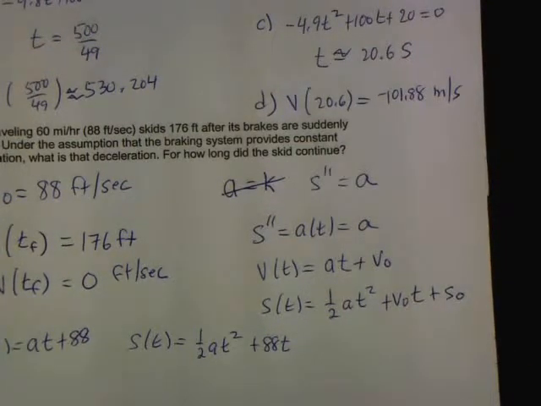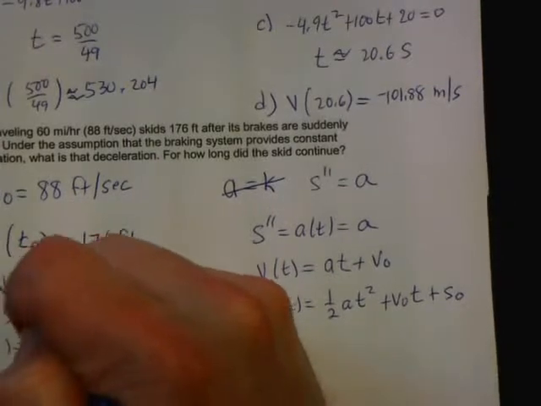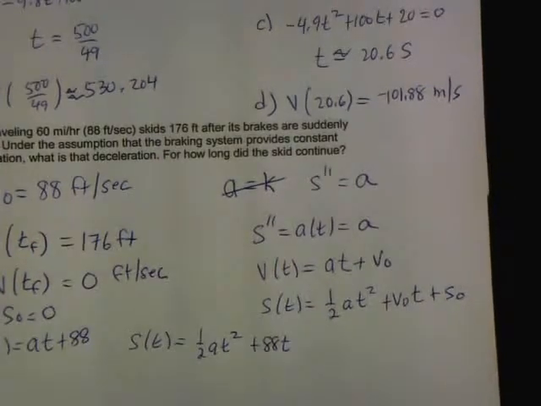What's our initial position? 0. We're going to call our initial position 0, and then we skidded for 176 feet. Oh, we didn't write that down. There we go. That's helpful. Okay, we're getting close. Somebody was close when they said plug this information in.